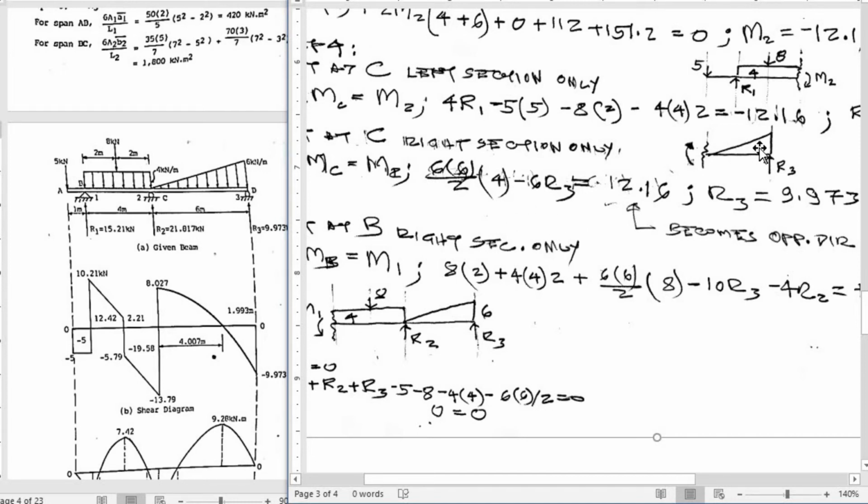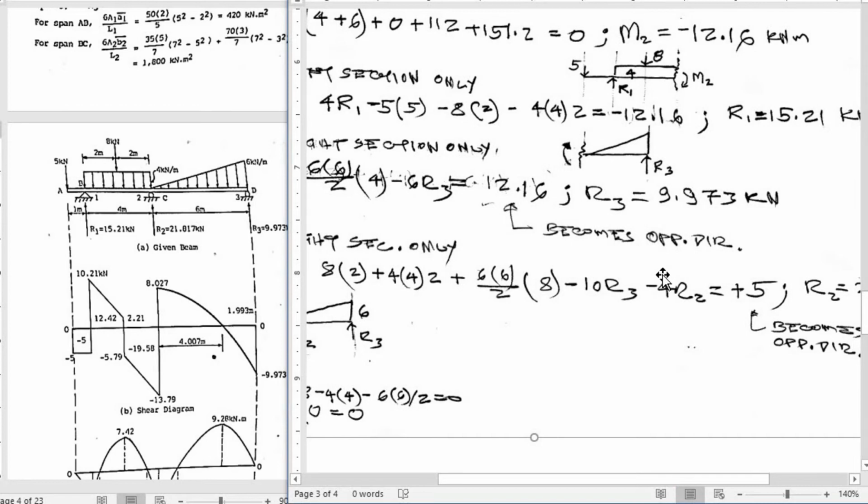Minus. And yung triangular load, you have 6 times 6 divided by 2 multiplied by 4. 4 is the lever arm from point C. Now we equate that to positive 12.16. So this becomes now positive because of the opposite direction. And your reaction 3 now becomes 9.973.